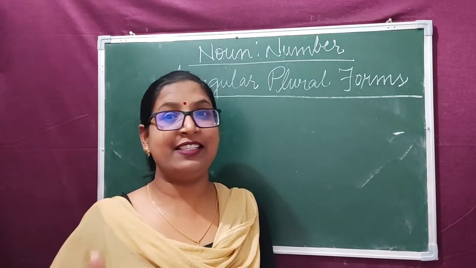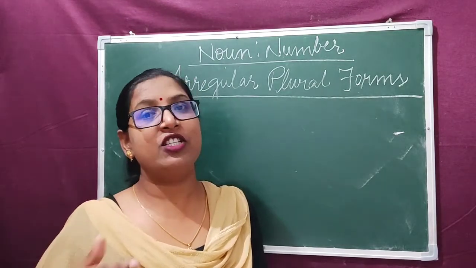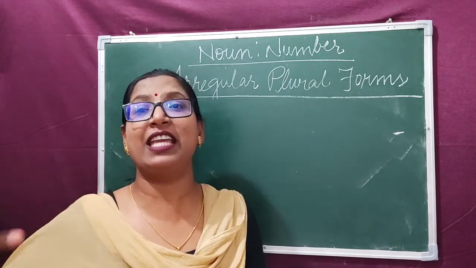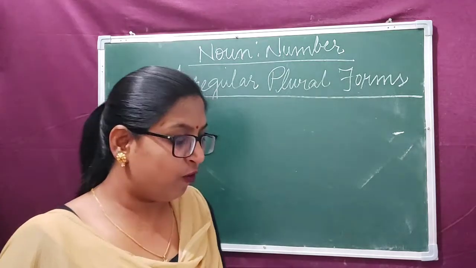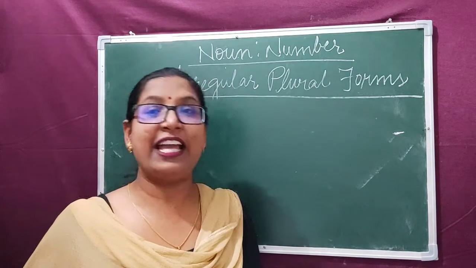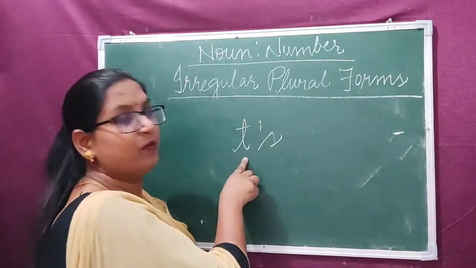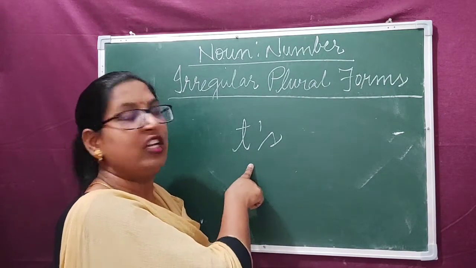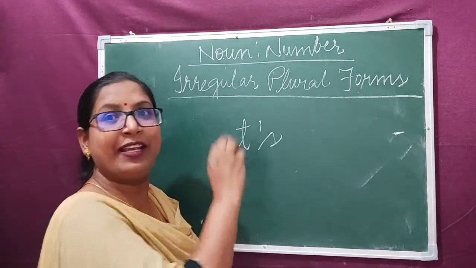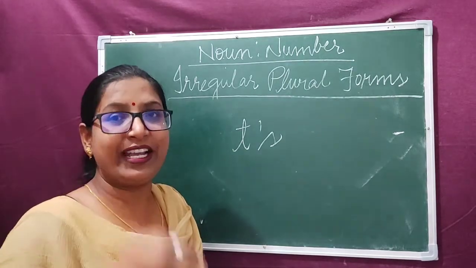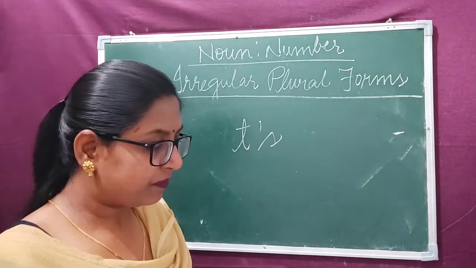Apostrophe S is added with the figures or with the letters to express the plural form. For example, please write your T's clearly. T apostrophe S, T's. It is indicating the plural form of T, meaning many T's. Whenever you write T, write it properly.